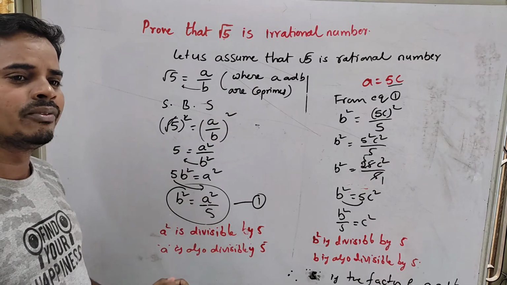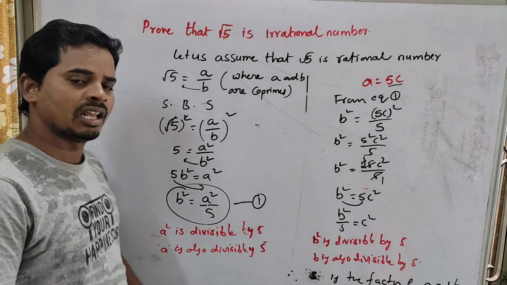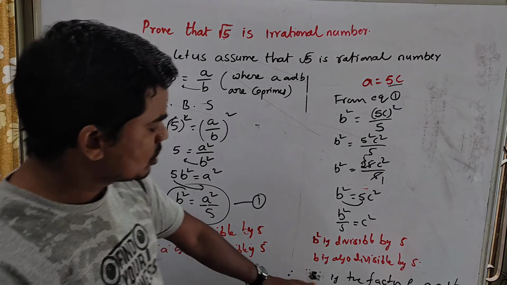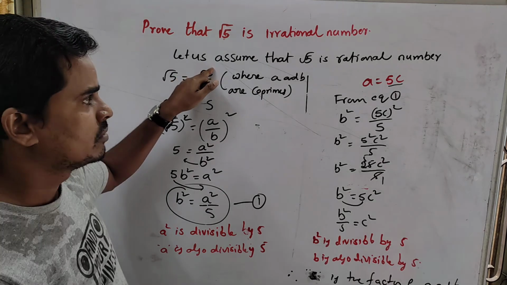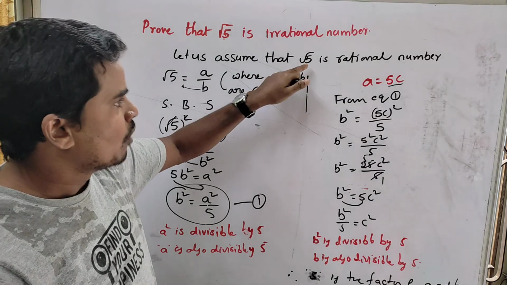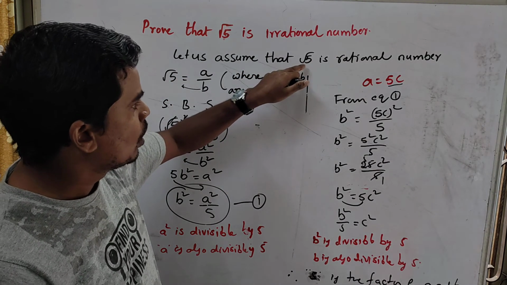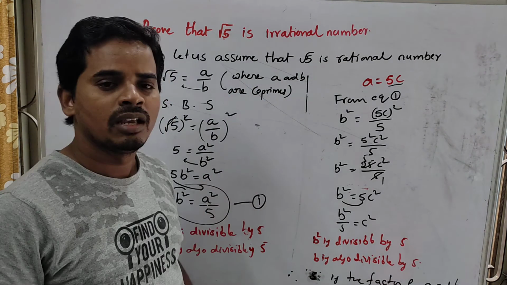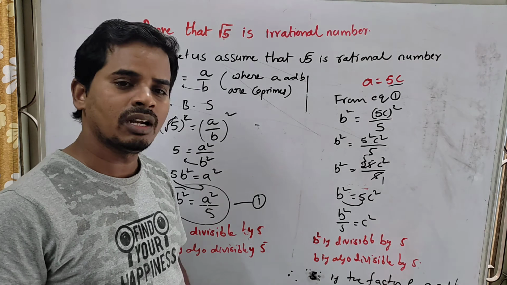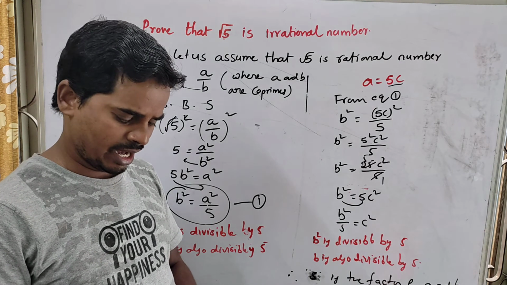So why did we get statements like that? Because this contradiction arises because of our wrong assumption. What is our assumption? Root 5 we have taken as a rational number, in the p by q form. So that's why we got the wrong statement in the end.